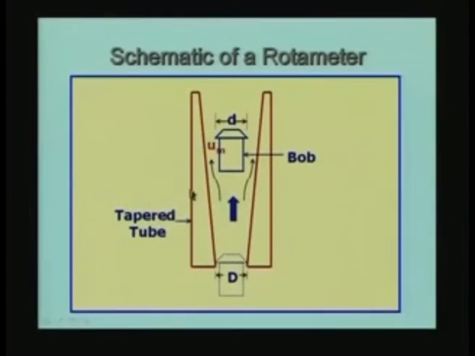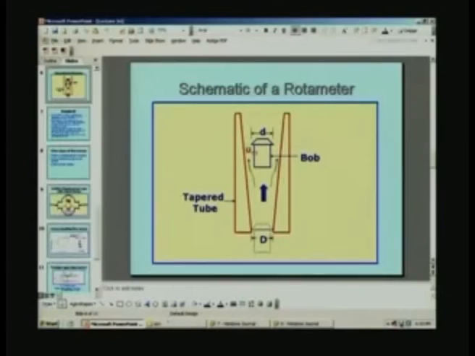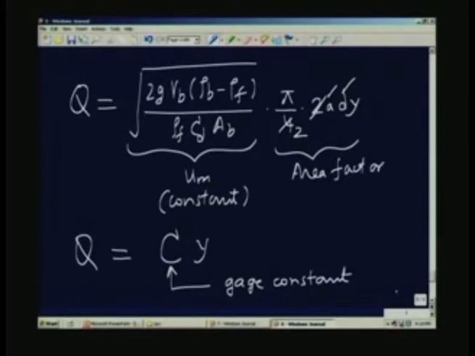And you will also see that if I go back to that equation, you have Q equal to square root of 2 g V b into rho b minus rho f divided by rho f, and imagine rho b equal to twice rho f. Then rho b minus rho f divided by rho f will become 1.